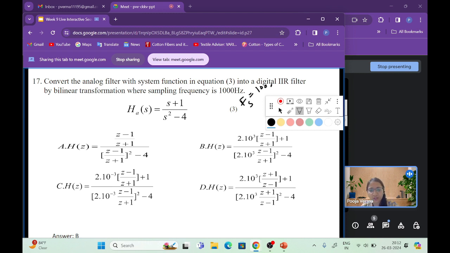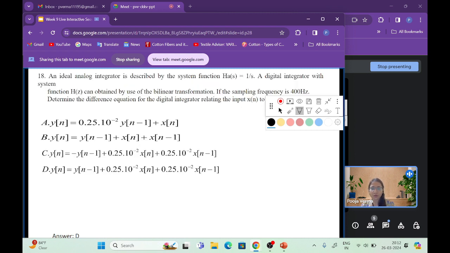So the correct option is option B. Here we directly just need to put the value of s in terms of z, and in the bilinear transformation we already know the formula, that is 2 by T times (1 minus z inverse) divided by (1 plus z inverse). Okay, now moving to the next question.